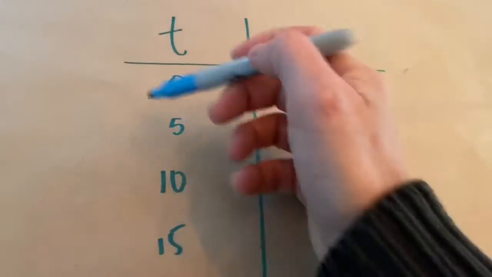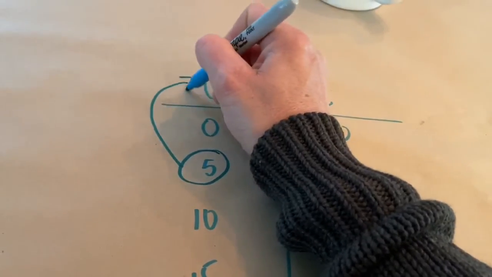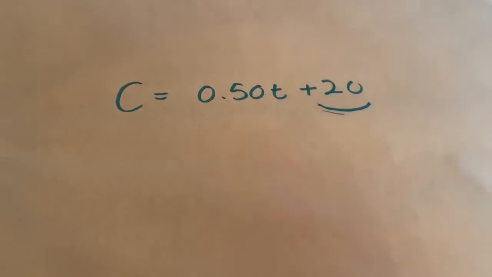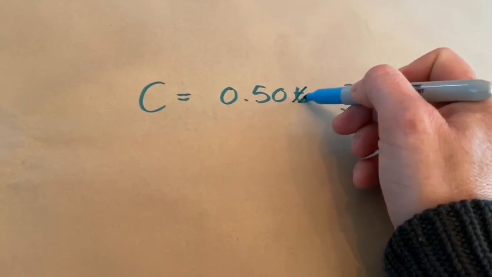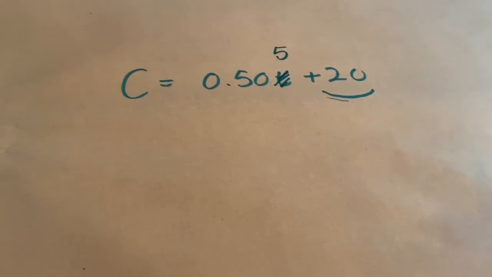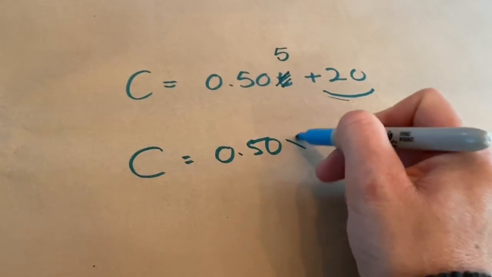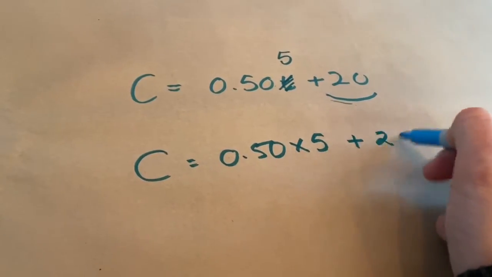Now, we're going to have to use the equation. This 5 is a t, because the t is above it. So I'm going to go to my equation, look for the t, and put a 5 there. What that means is I need to do 0.50 times 5 plus 20.